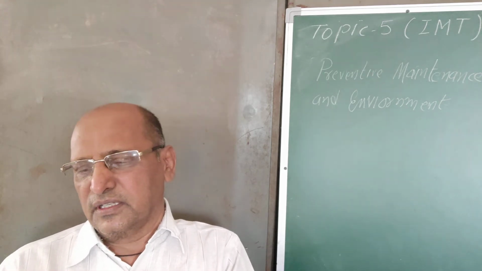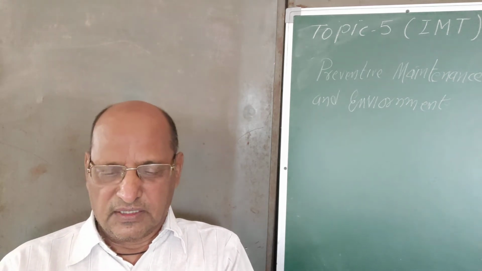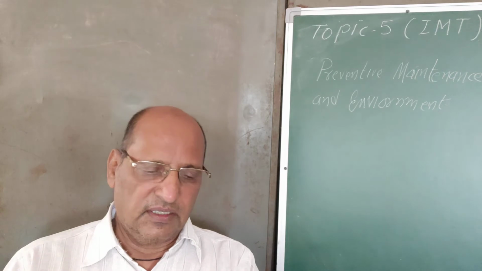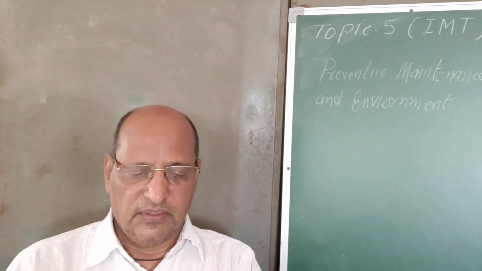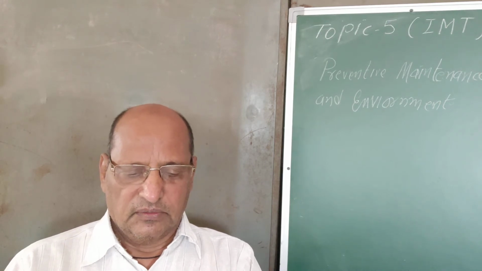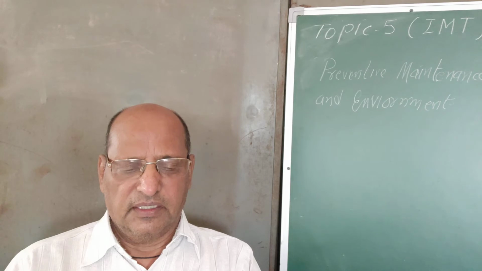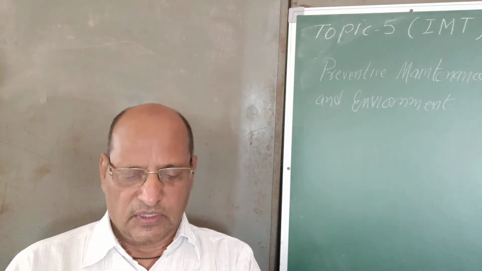Now in the research station, there are so many types of materials used where research is going on, and we need controlling of the parameters related to the environment, or parameters related to pollution.